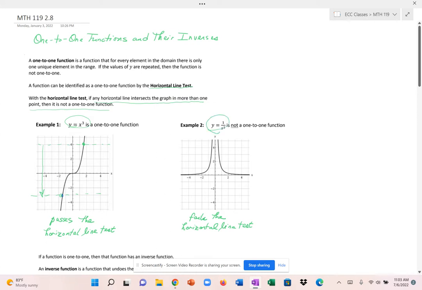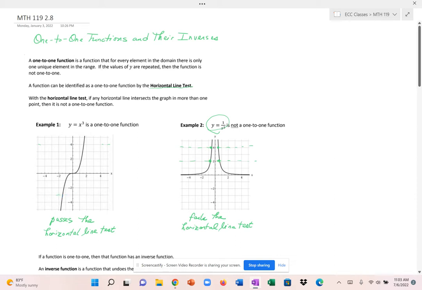The example on the right, the graph of y equals 1 over x squared, is not a one-to-one function. There are infinitely many places where a horizontal line would cross this in 2 points. Here's one example, here's another. If it intersects the graph at more than one point, then it is not considered to be one-to-one.